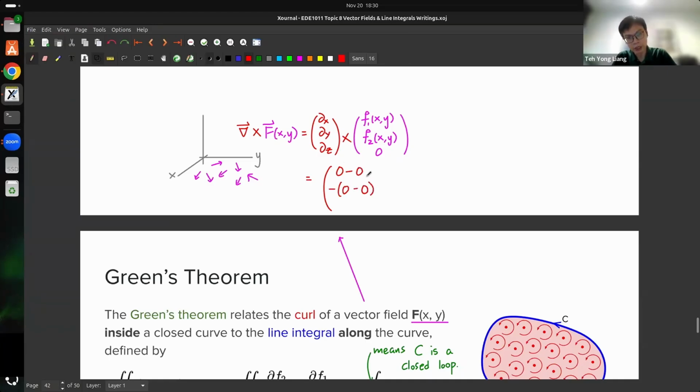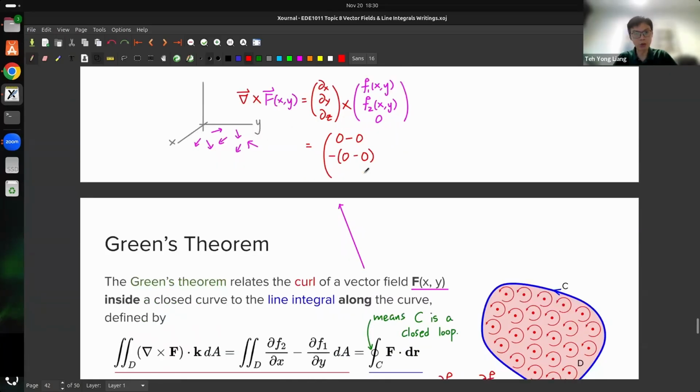You can check. Then only for the z component, you have this result. So this z component will be del f2 del x minus del f1 del y. So this is exactly this.